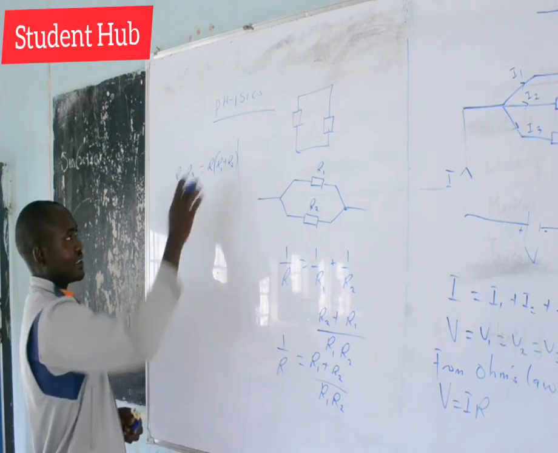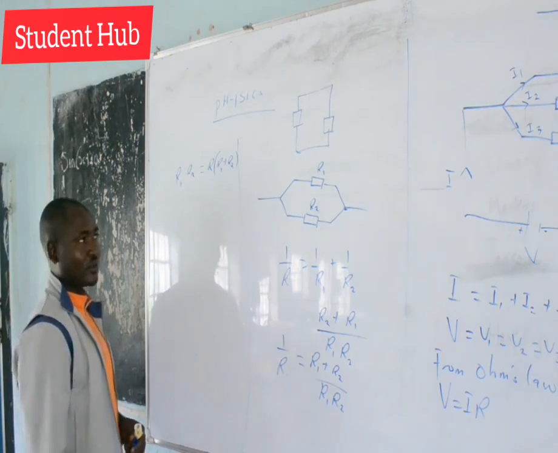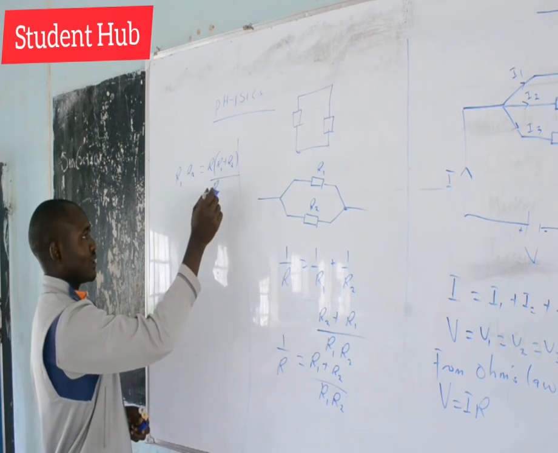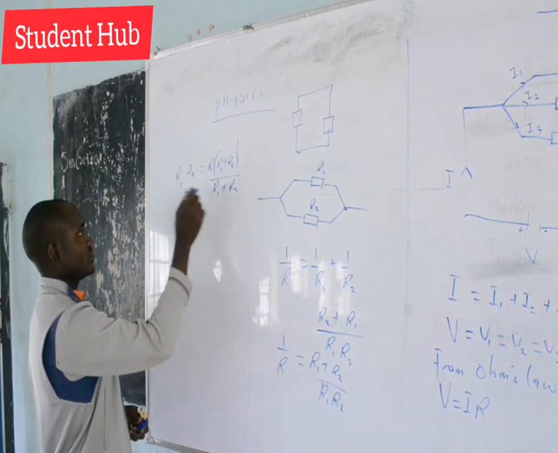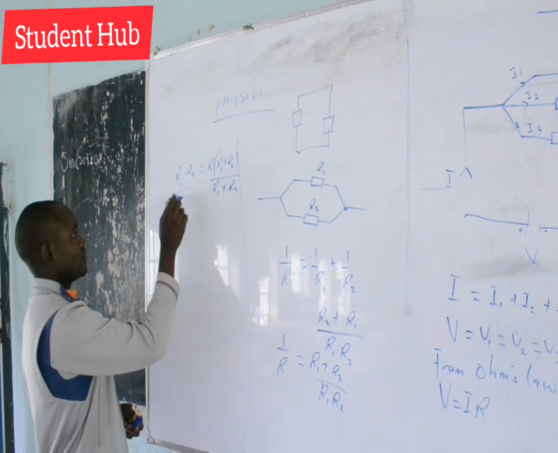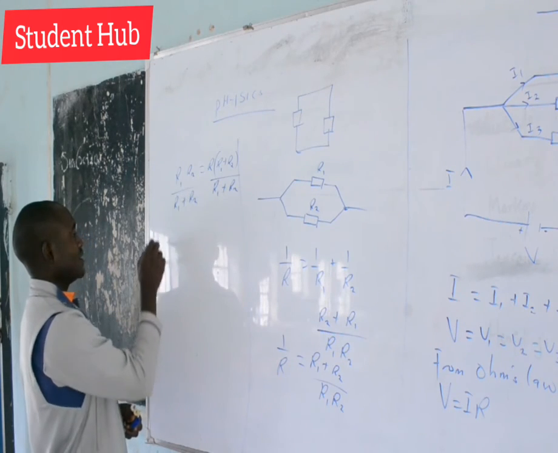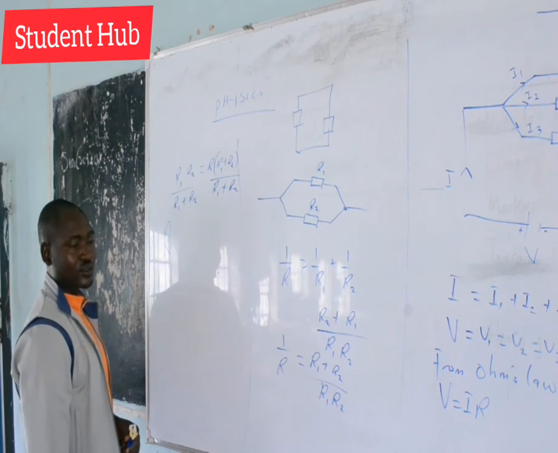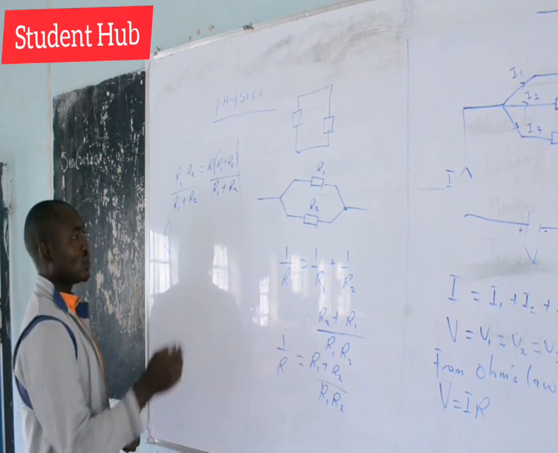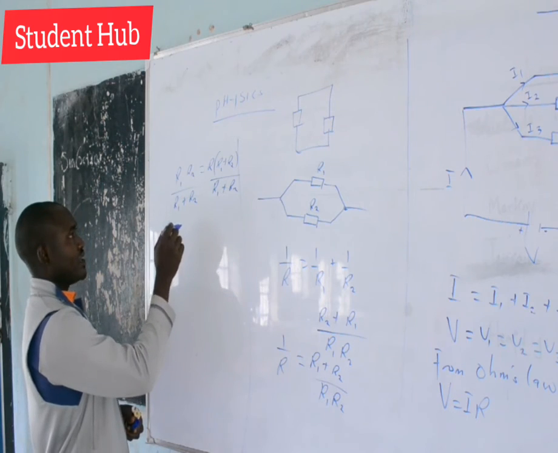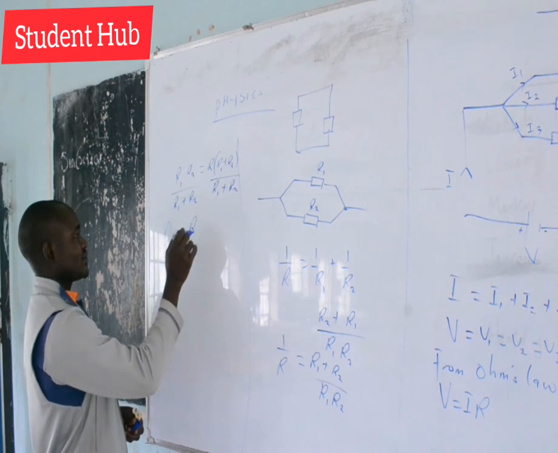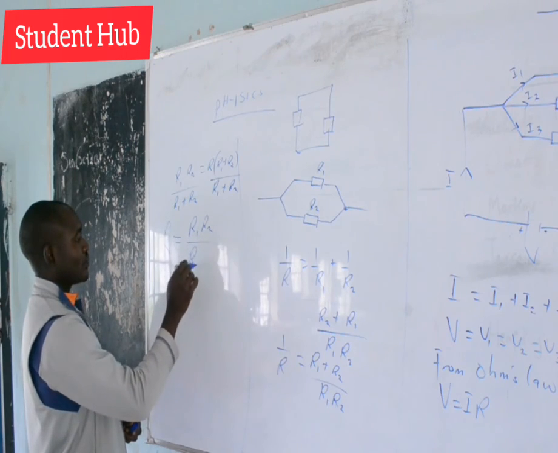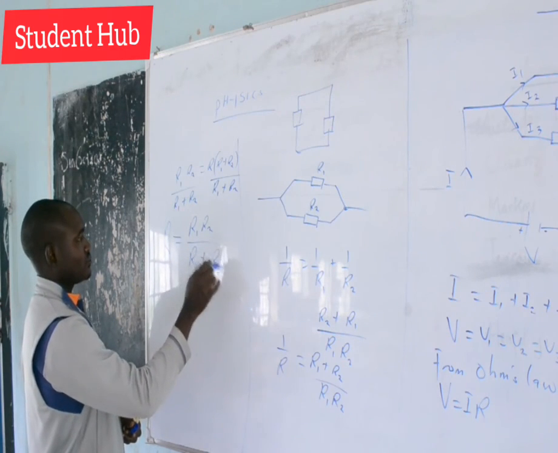We want to make R the subject of the formula, so we divide both sides by R1 plus R2. Therefore, the combined resistance for two resistors in parallel is given by this formula: R1 R2 over R1 plus R2.